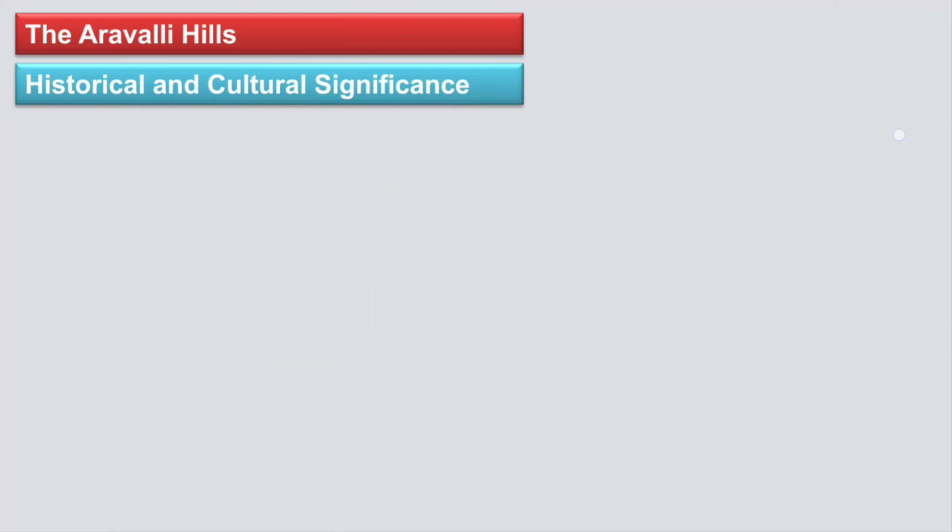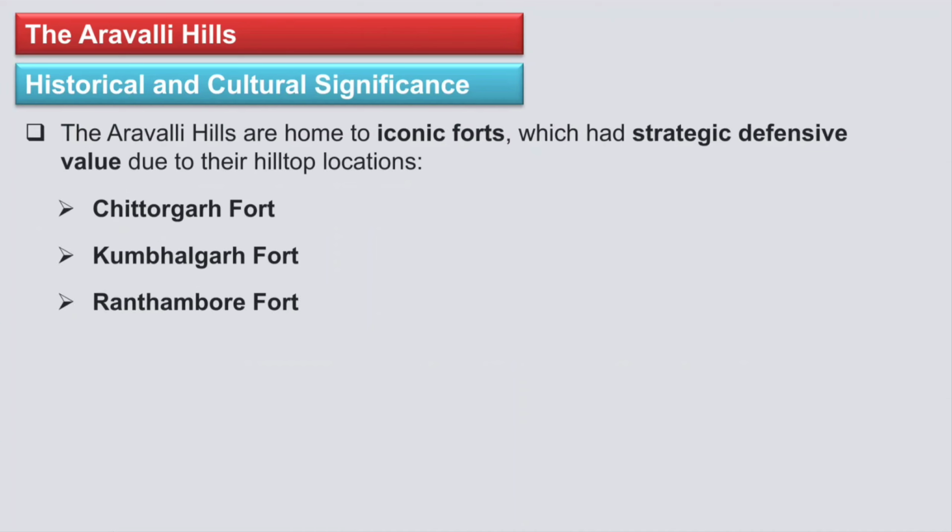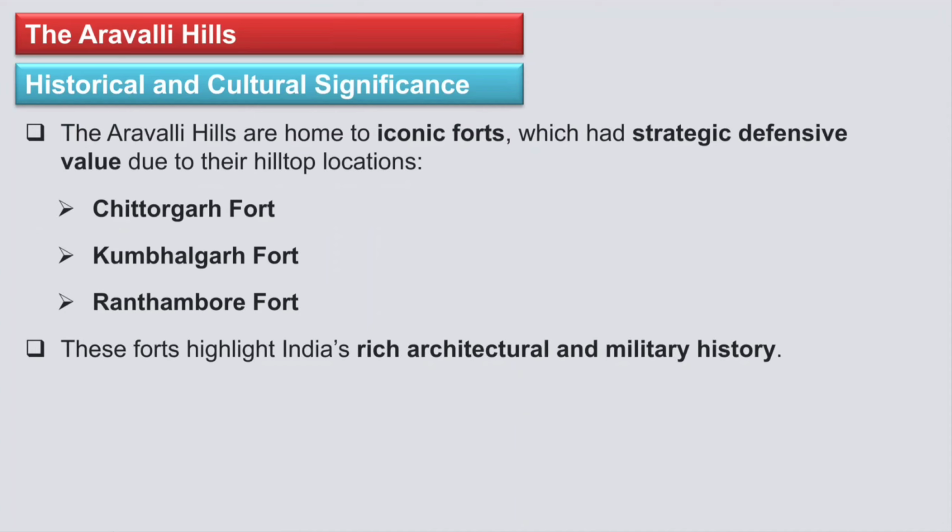So, historical and cultural significance: we can see that the Aravalli Hills are home to iconic forts like the Kumbal fort, which we have just seen before, isn't it, which have strategic defensive value due to their hilltop locations, like Chittorgarh Fort, Kumbalgarh Fort, Ranthambore Fort. All these forts were made in order to protect their area from the enemy, and as they are on the hilltop, it was a plus point for them. So these forts highlight India's rich architectural and military history.